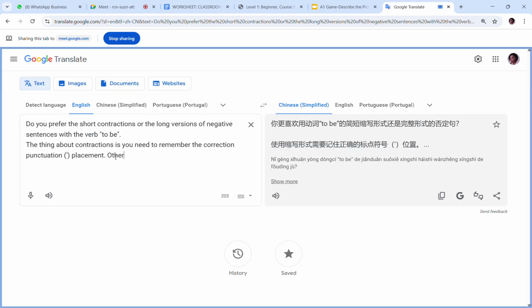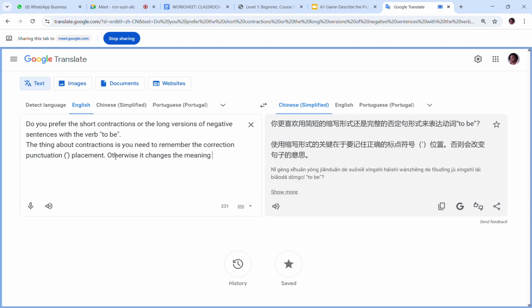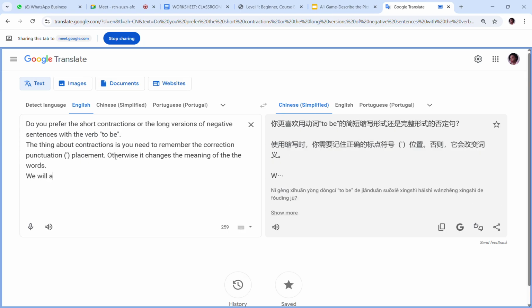Otherwise it changes the meaning of the words. We will do a separate lesson talking about English punctuation, okay?